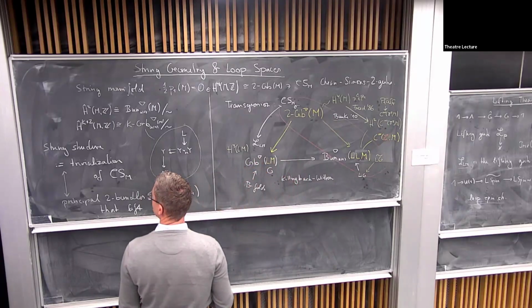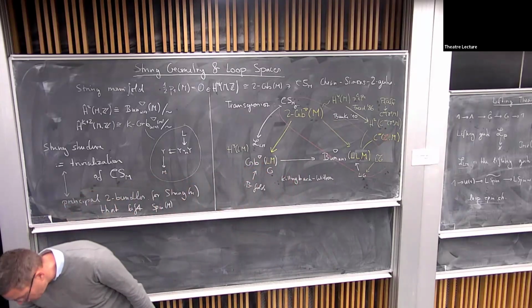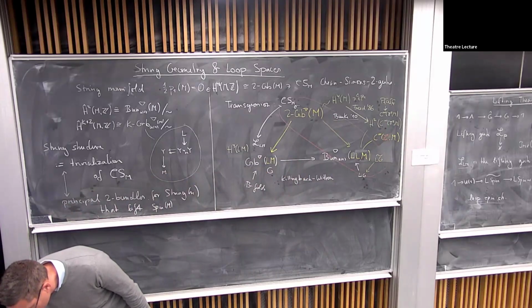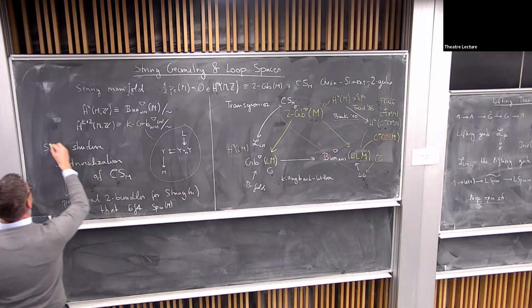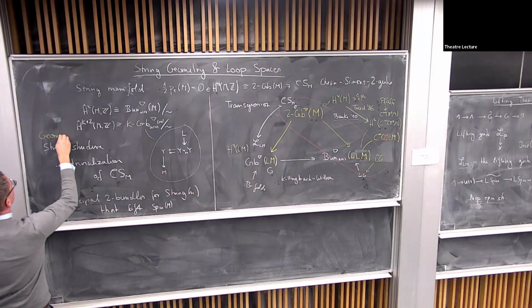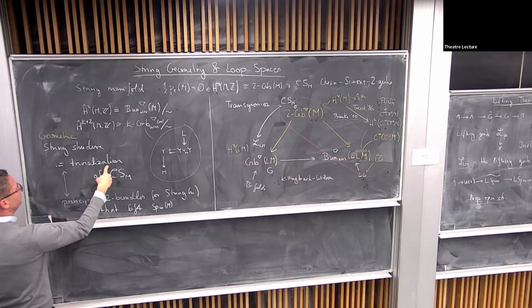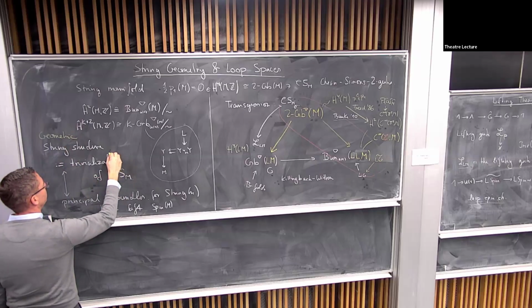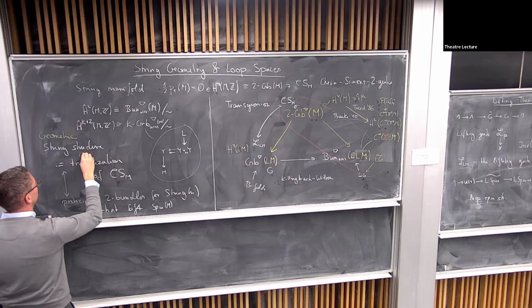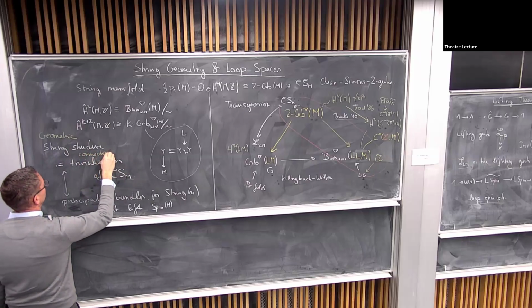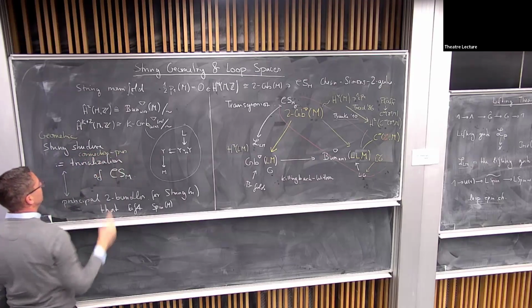So there is this notion of a geometric string structure. A geometric string structure means a connection-preserving trivialization.